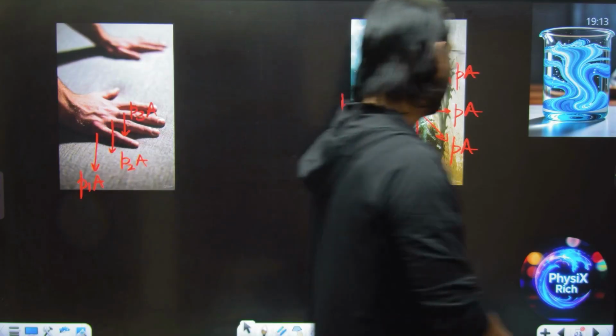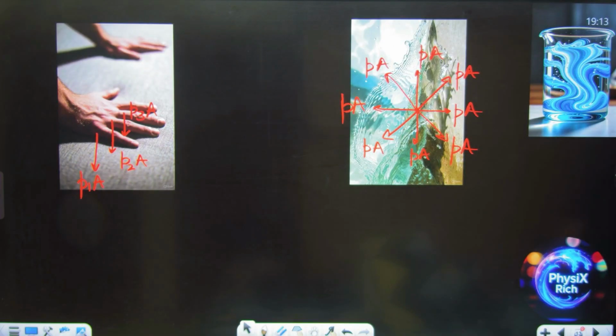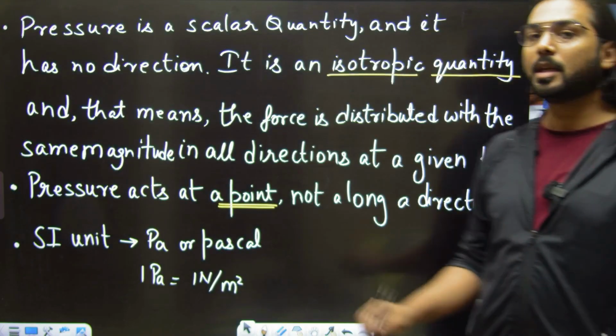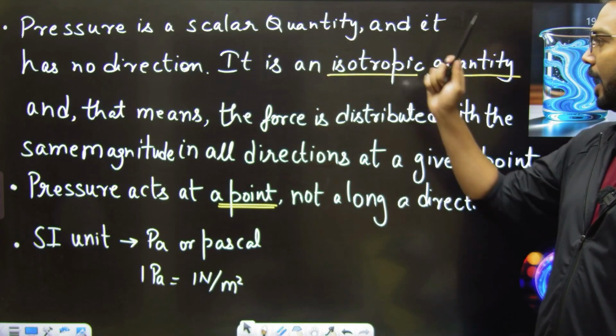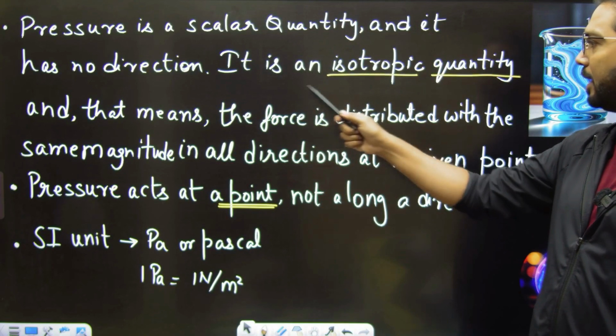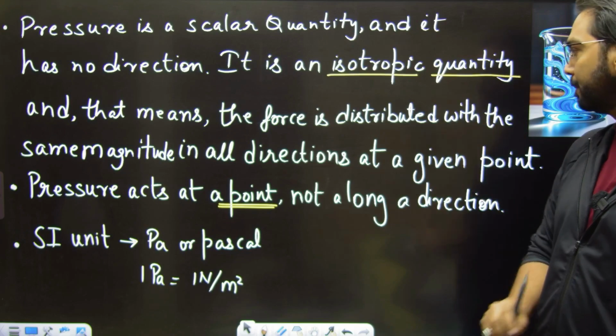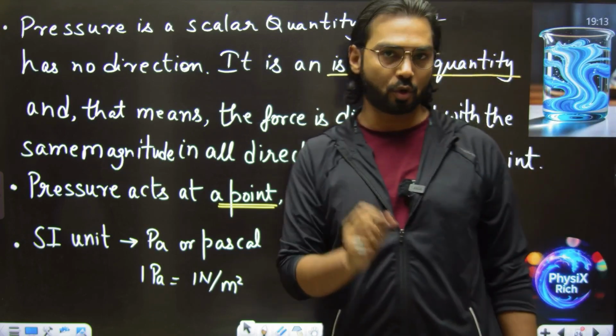All right, so pressure does not really have a direction. Pressure simply is the distribution of force. So it does not have a direction. It's a scalar quantity and what you actually call it is an isotropic quantity. What is the meaning of isotropic?